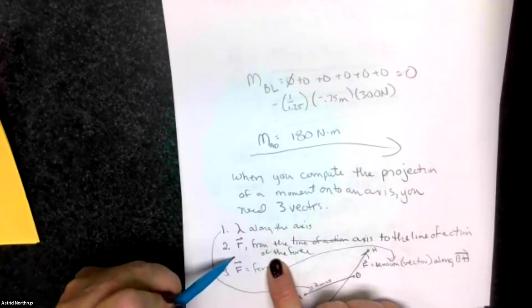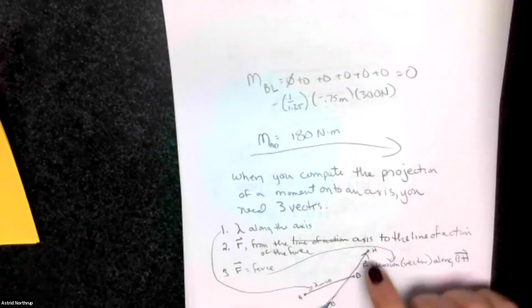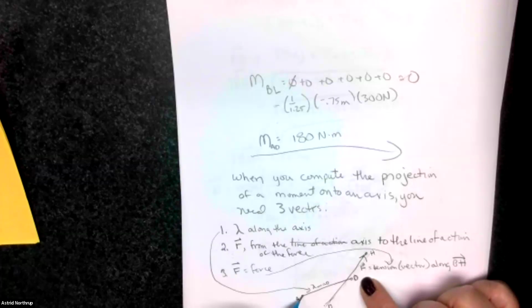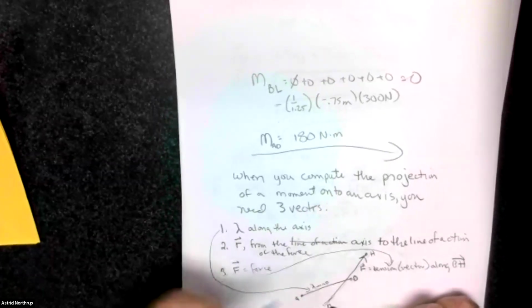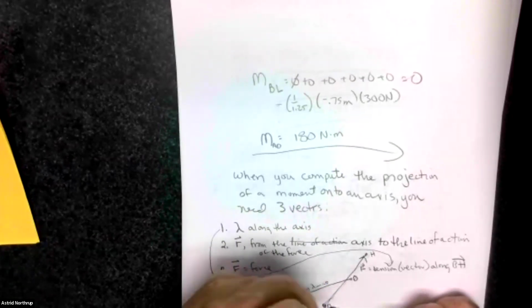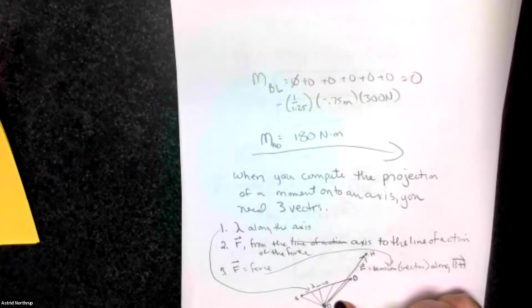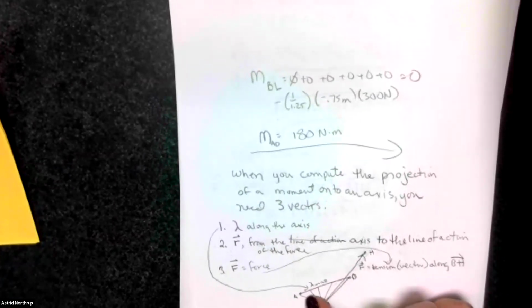Then the last thing we need is R. And R is the connecting piece between the force and the axis. So we need to find a vector that goes from point B to somewhere along the line of action on here, and it could be any of those things. We have to decide we're going to go from point B to somewhere on AD.